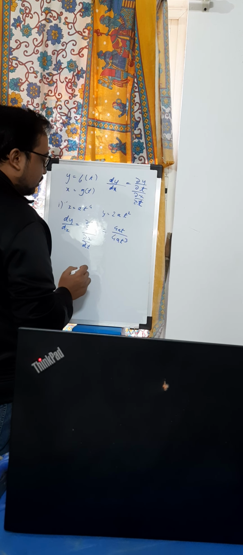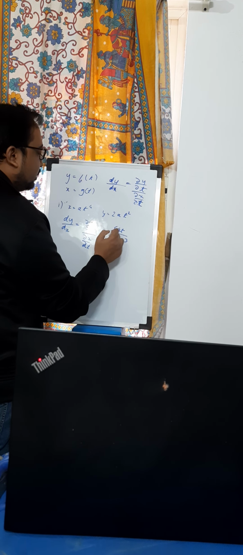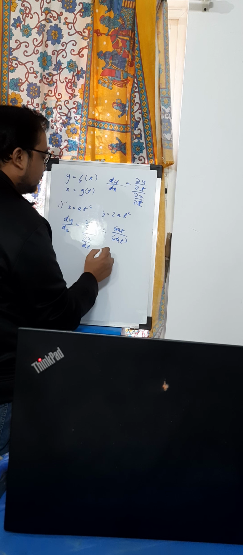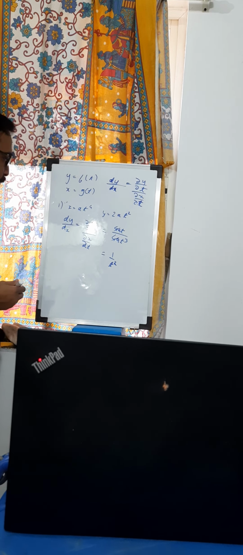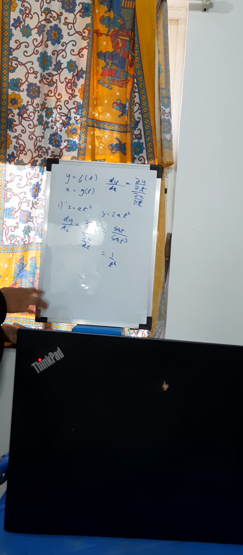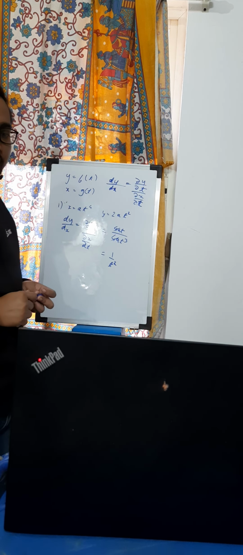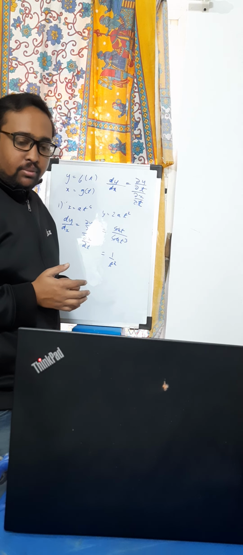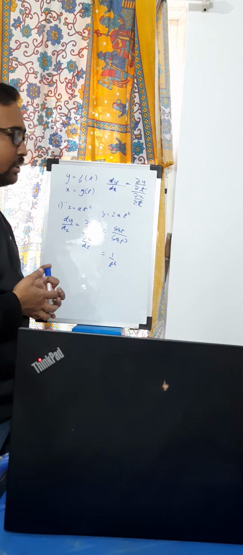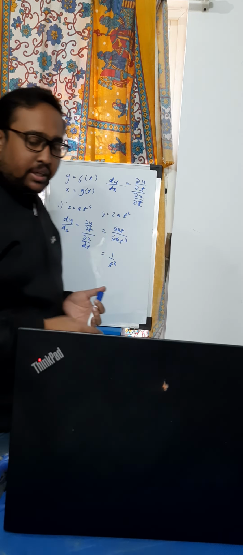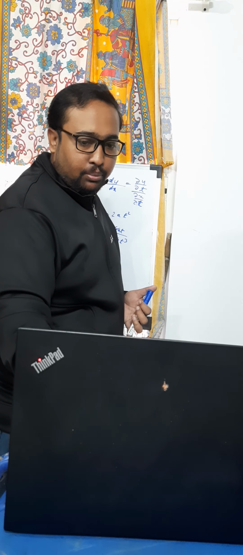So this gets cancelled, and the answer is 1 upon t square. This is a very simple thing if they ask you in an exam, so it's fairly simple for you.